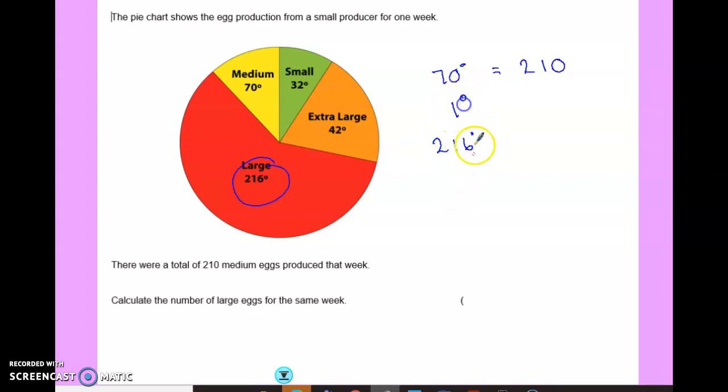So what I'm going to do is I'm going to find out what 1 degree represents by dividing by 70. Because 70 divided by 70 gives me 1, so I need to do the same here. 210 divided by 70 would be 3.